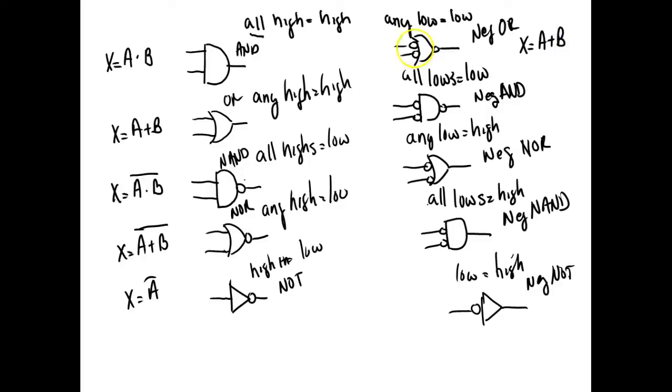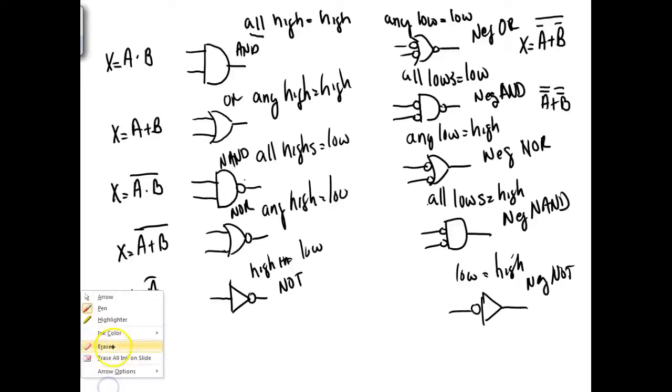Now what we do: if the inputs are low active, we put a bar above each input. If the output's low active, we put a bar above it. Now this is not a double negative. This would be a double negative. So if I was doing Boolean algebra and I ended up with this, that would be a double negative, and we would turn that into a positive, right? You understand?